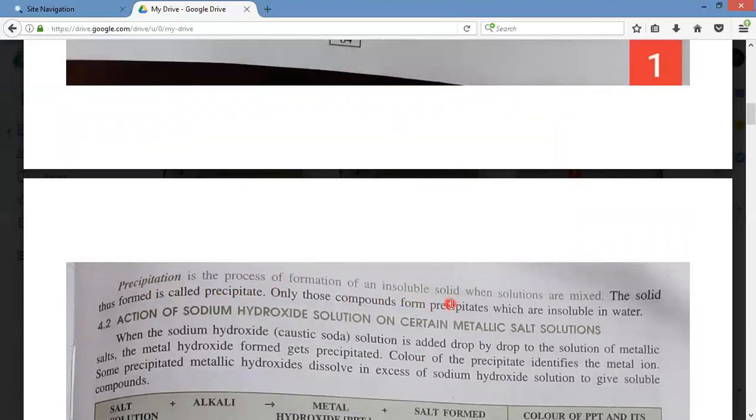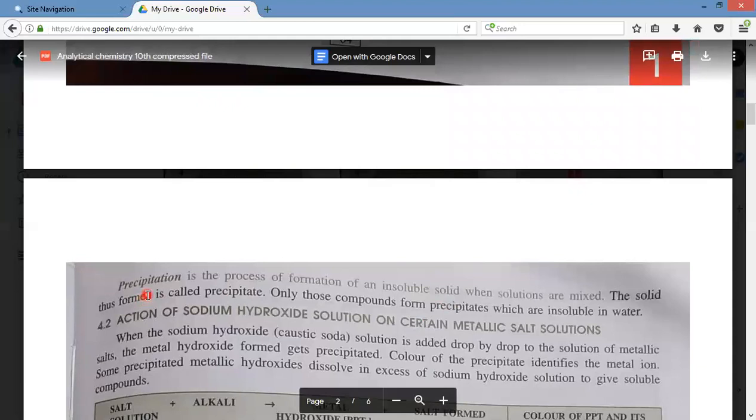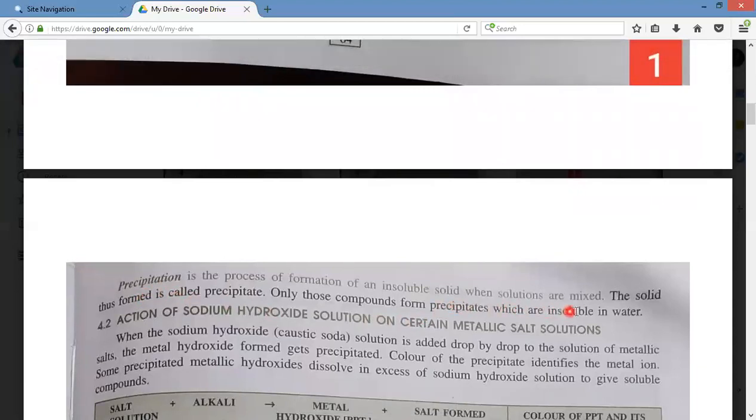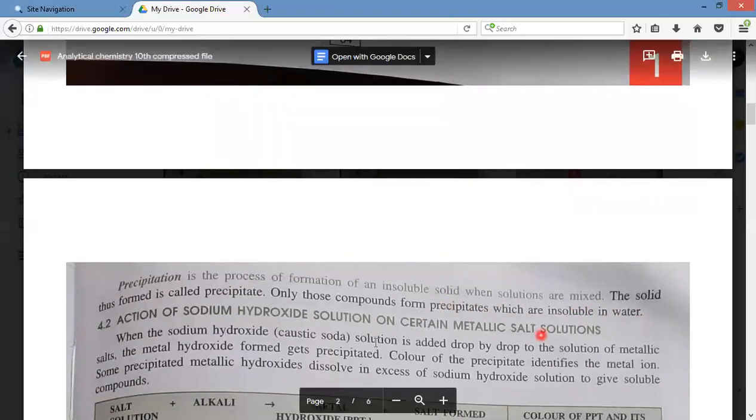It means when we treat two chemicals and after the treatment some insoluble solid settles at the bottom, that is your precipitate. Precipitates are formed when solutions are mixed. The solid thus formed is called a precipitate.